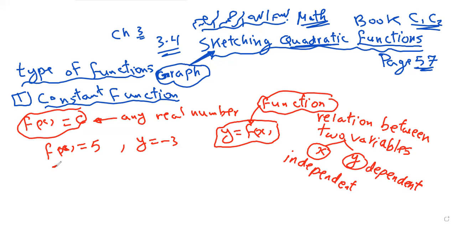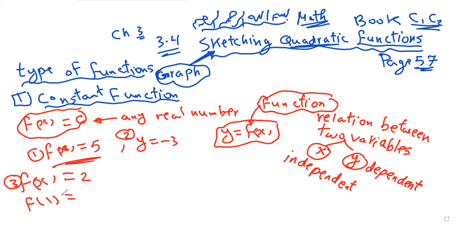But here is constant. What does it mean? If you have example like this, f of x equals 2. Then if we say f of 1 equals what? Constant functions, you cannot change it. It's always equals 2.